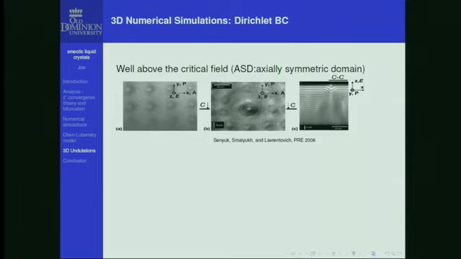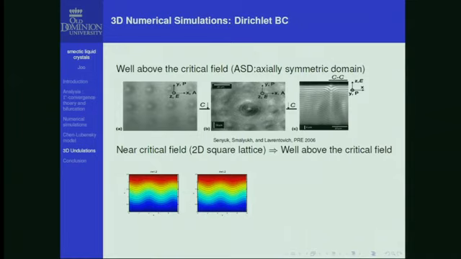But what we are more interested in with the numerical simulation is the profile well above the critical field. So here is the experimental picture, again done by Lavrentovich, and this is the axially symmetric domain that appears at 1.9 of the critical field.